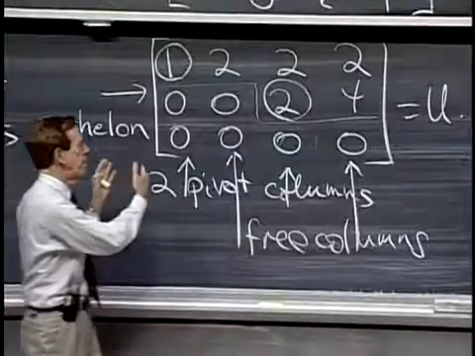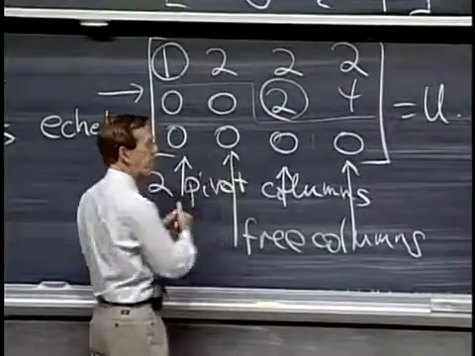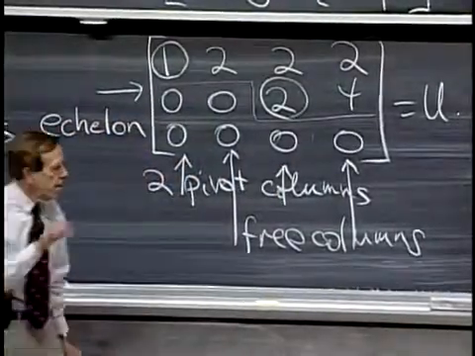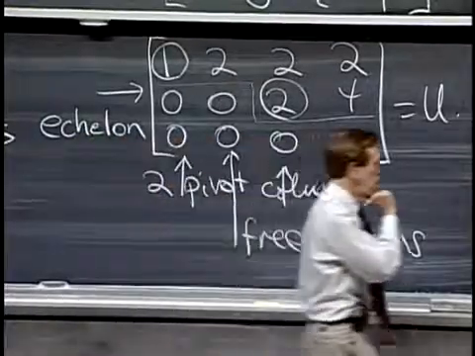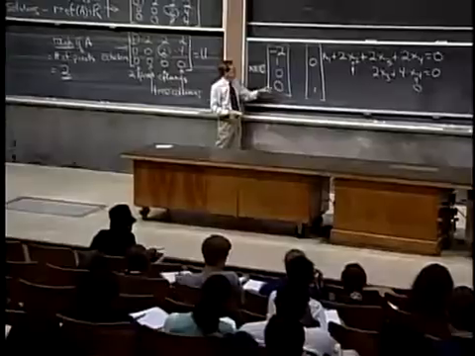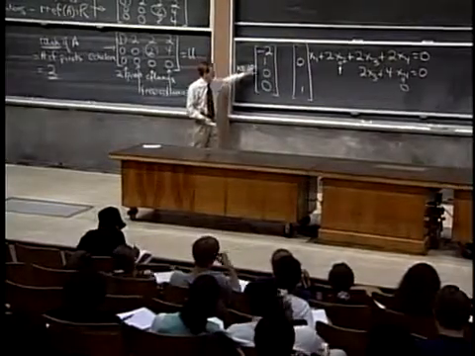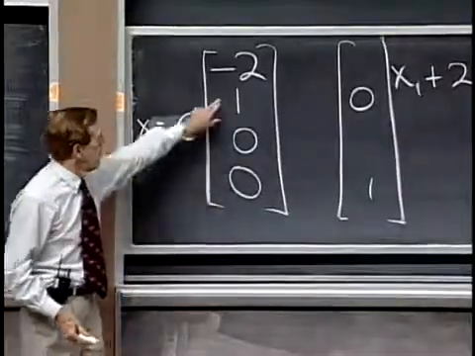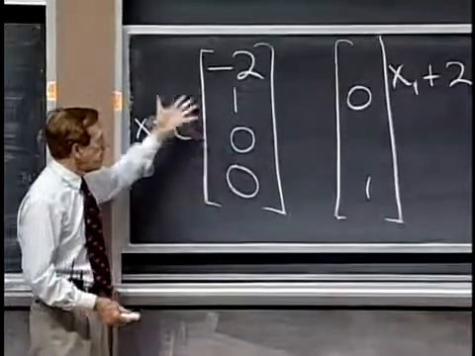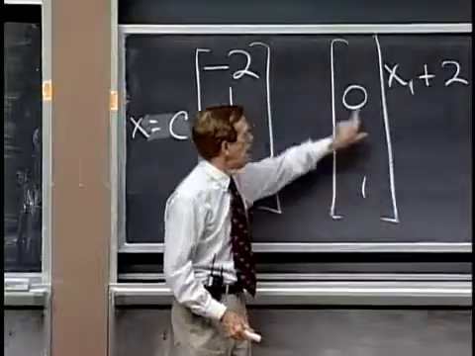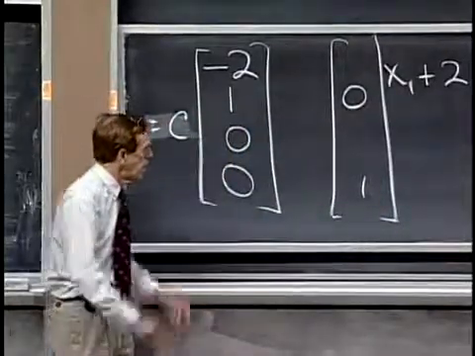That tells you that variables 1 and 3 are pivot variables, 2 and 4 are free variables. Then those free variables, you give one of them the value 1 and the other the value 0. In this case, we had a 1 and a 0, and complete the solution. And you give the other one the value 1 and 0, and now complete the solution.